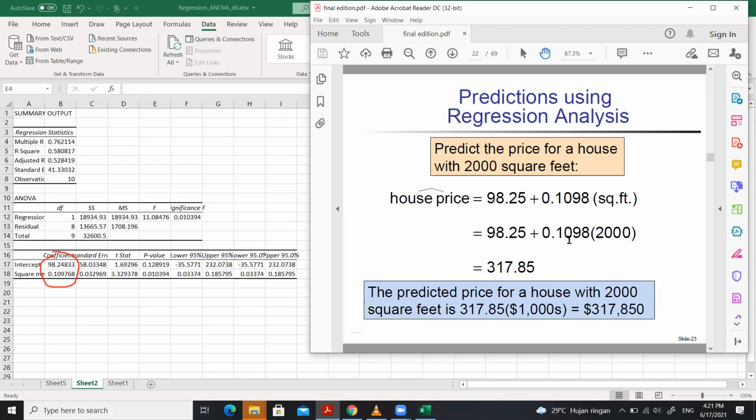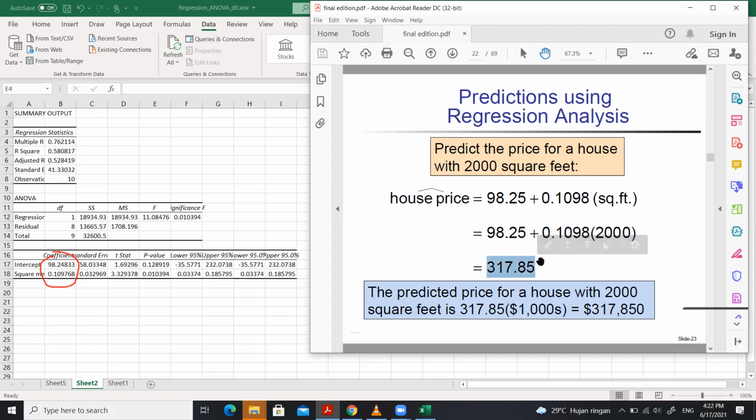For example, we can predict or estimate if you have a house with a size of 2000 square feet, what will the price be? We can substitute 2000 into the equation of the predictor here: 2000 multiplied by 0.1 plus 98, and then you got this result.